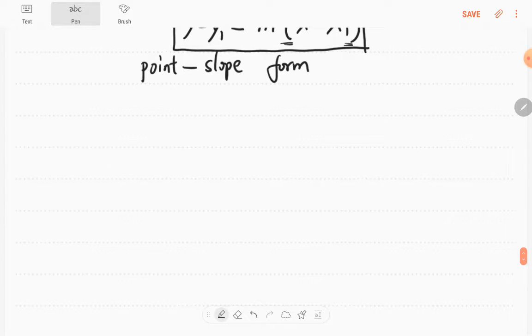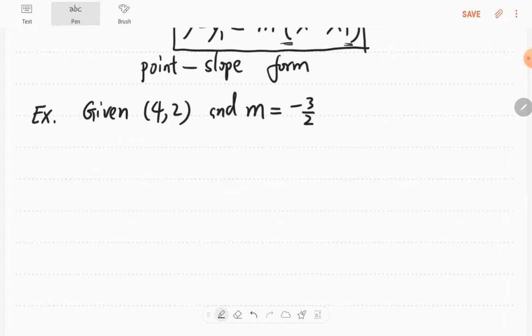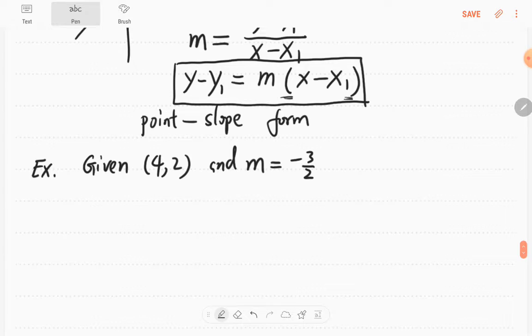Okay, so let's look at this example. If we know a given point, which is 4, 2, and the slope m is -3 over 2, what is the equation of the line? We have the point, so we just plug in here.